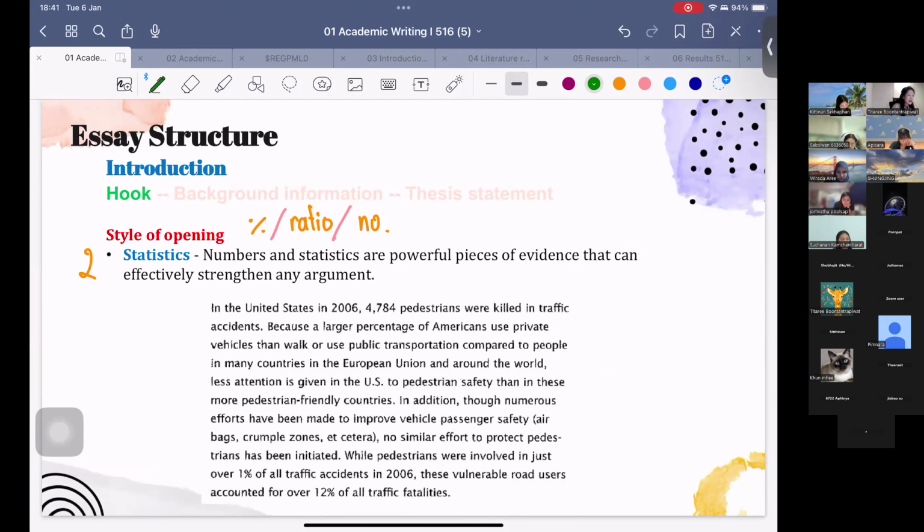I think a lot of you have seen that when you read a research paper, in the introductions a lot of authors tend to include numbers, because when you read the number, you can feel the problem.